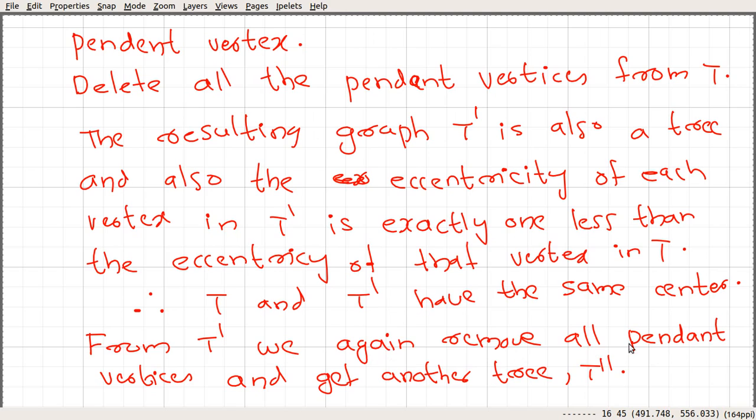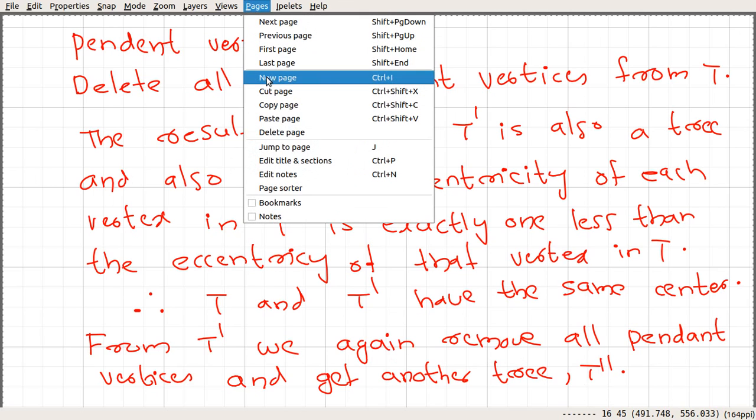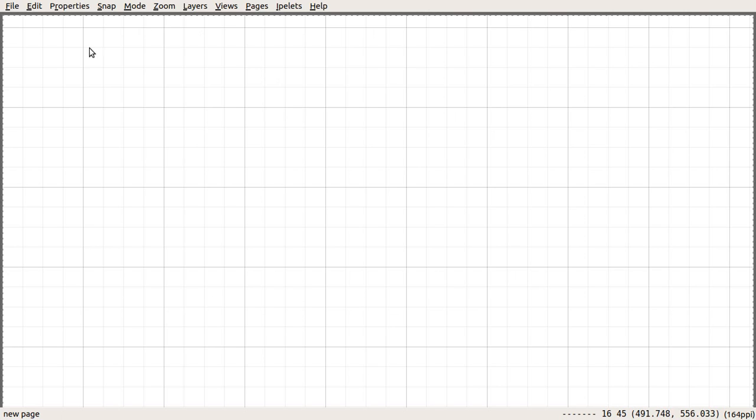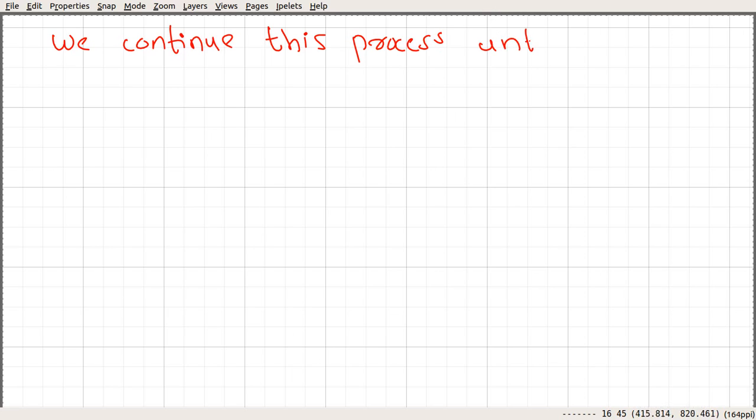So from T dash we remove all the pendant vertices and get another tree T double dash. So we continue this process until we are left with a vertex.